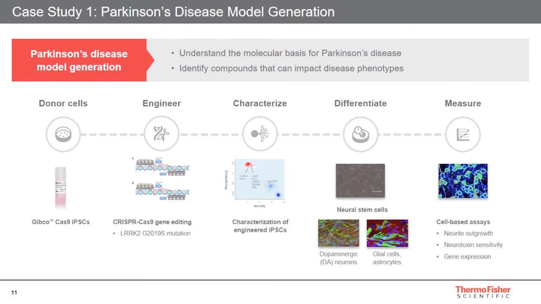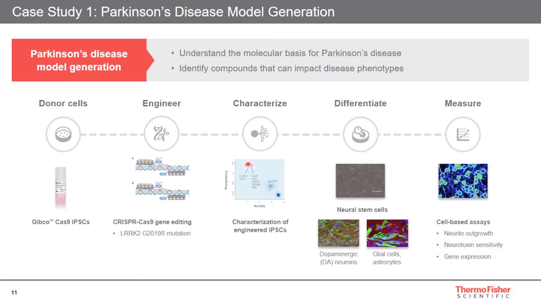Here, a stable Cas9 expressing iPSC line was engineered to introduce a point mutation in the LRRK2 gene, specifically a G2019S SNP. This particular SNP is associated with Parkinson's disease, and these iPSCs were then characterized and differentiated into dopaminergic neurons using our dopaminergic neuron differentiation kit.